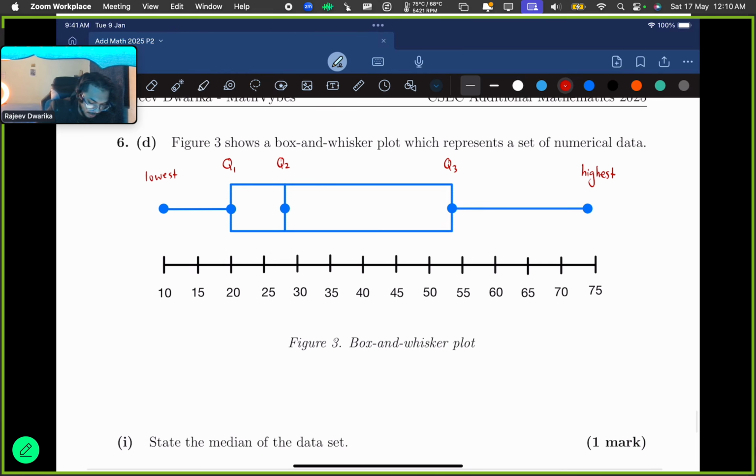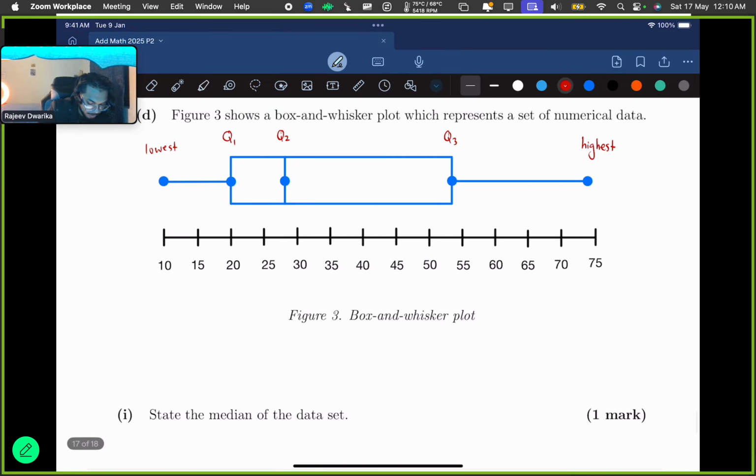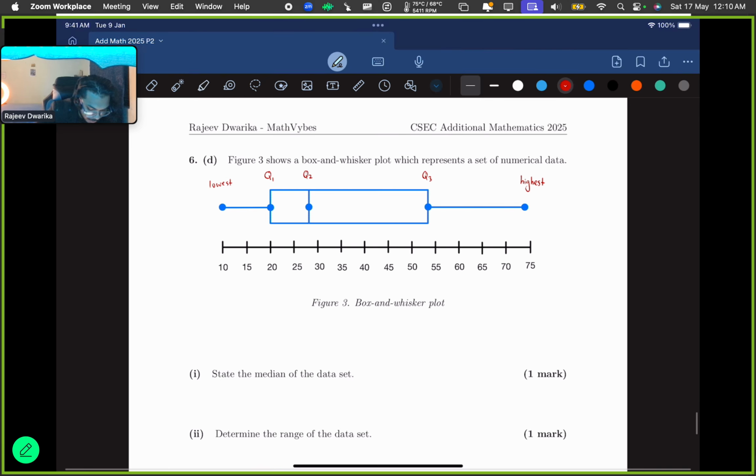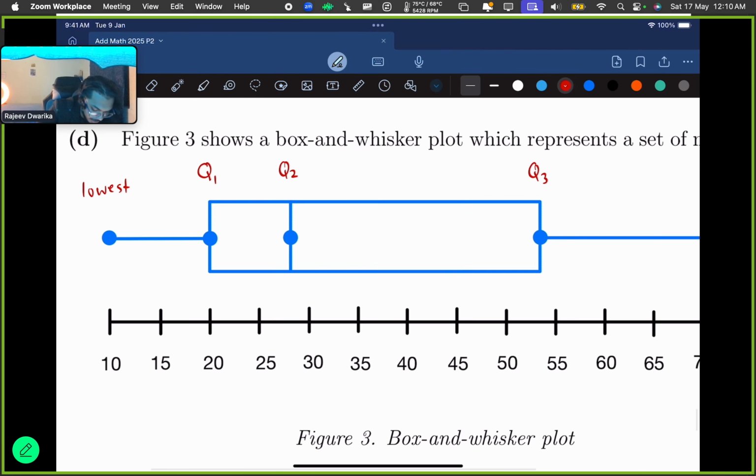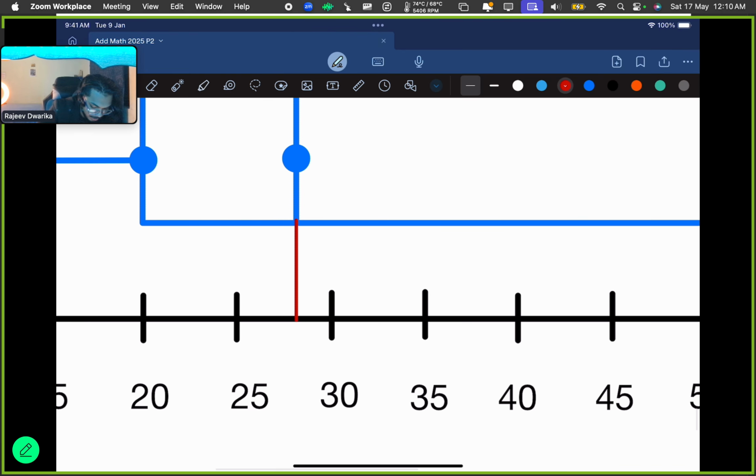To find the median, we just take a reading off here. I would have said 28 or 27. I think I said 28 in the exam. That looks like 27.5. Let me check.